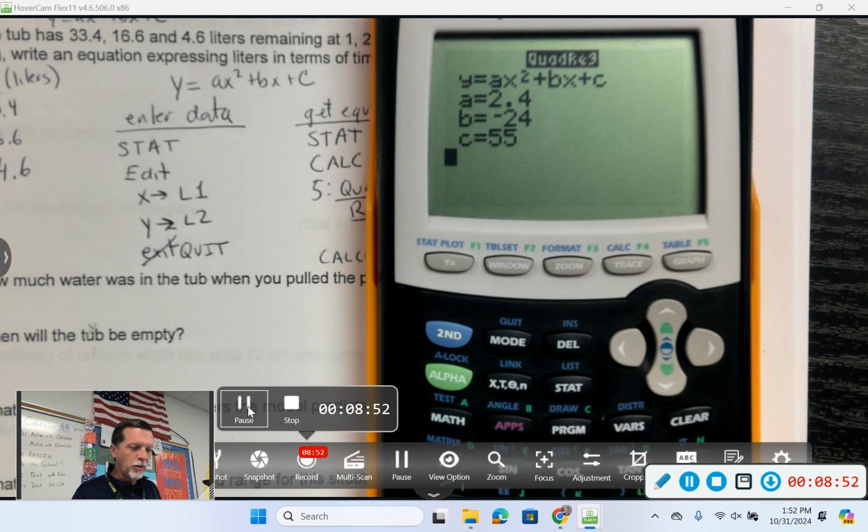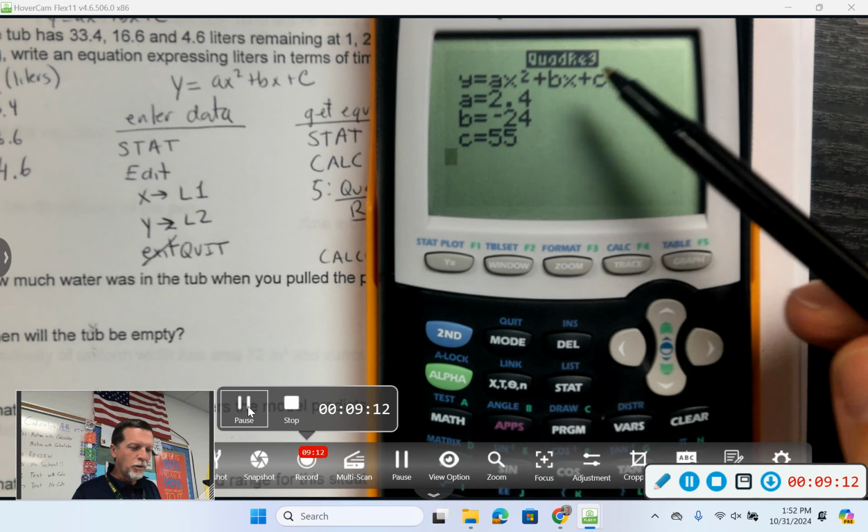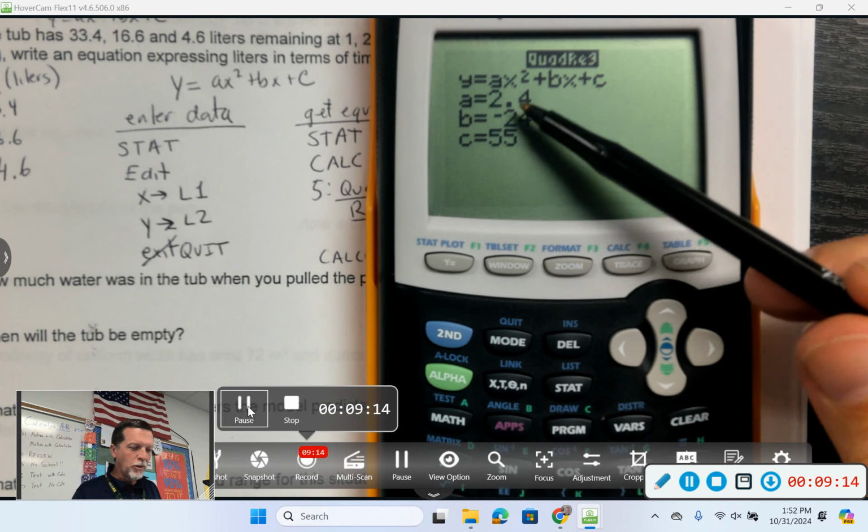So we'll press calculate. It thinks for a minute. It's pretty quick. Again, this is something you could do, but it would take forever. There we go. It's nice that it tells you what it's found.